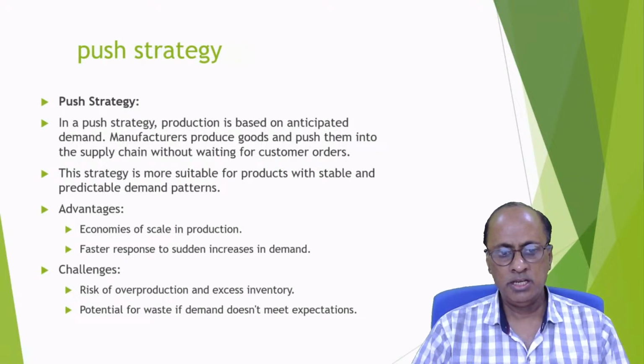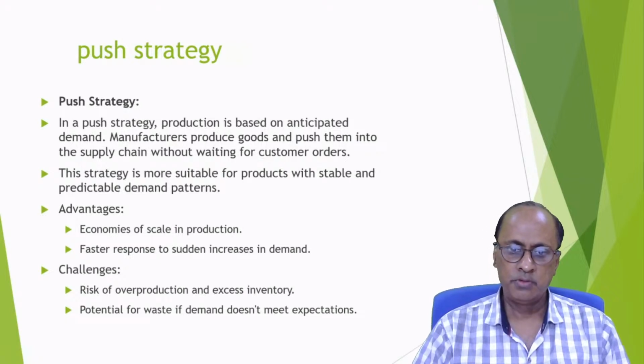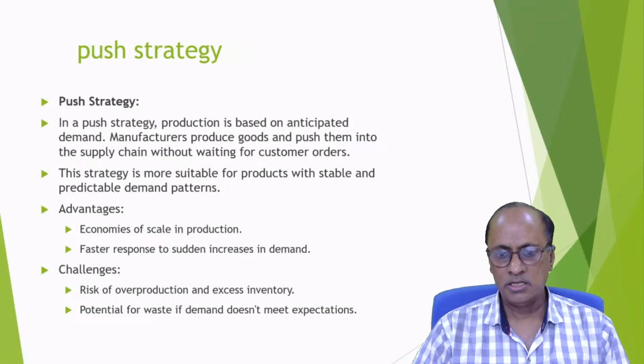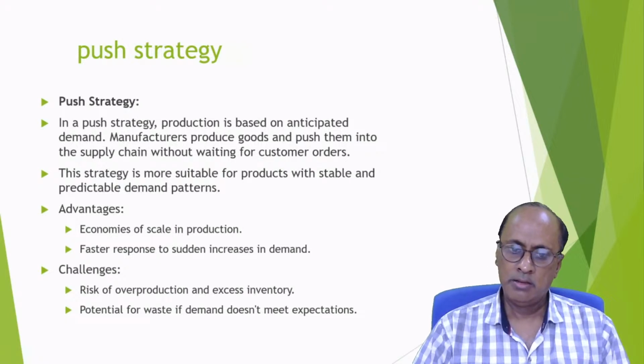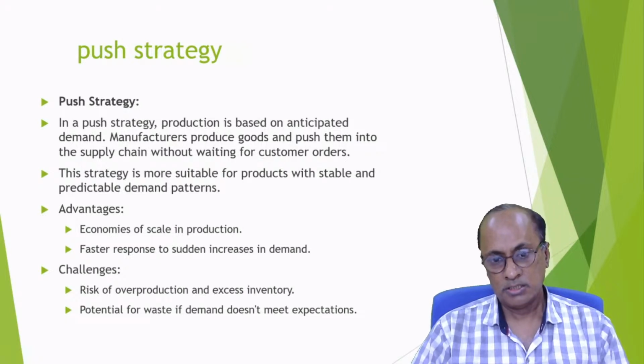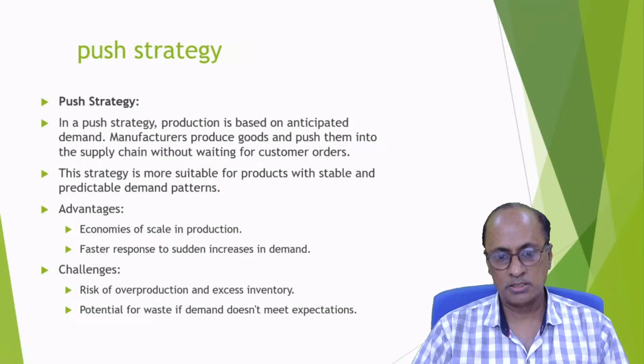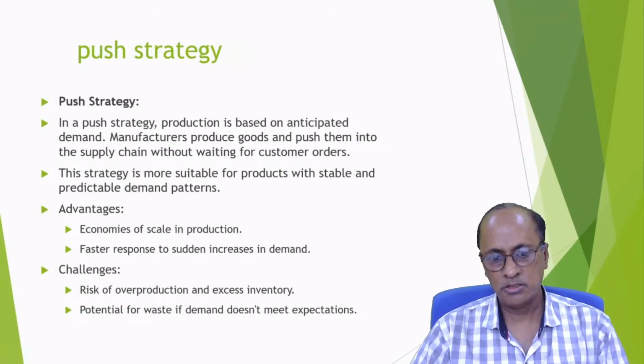But along with the advantages, we find certain challenges: risk of overproduction and excess inventory. When you push the goods, the distributor sometimes may not be interested in accepting the products from the manufacturer, thereby the risk of excess inventory. Even if the distributor takes the products from the manufacturer, there will be excess inventory with the retailers or the distributors.